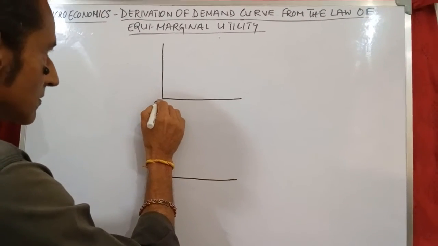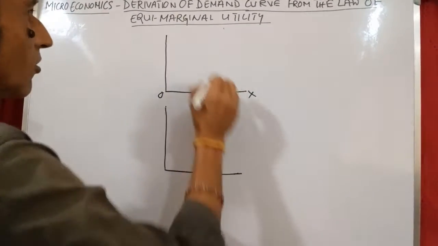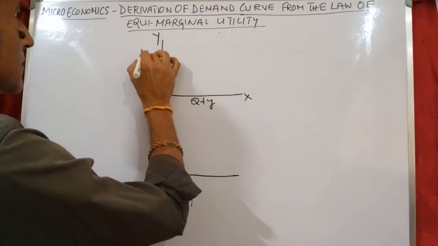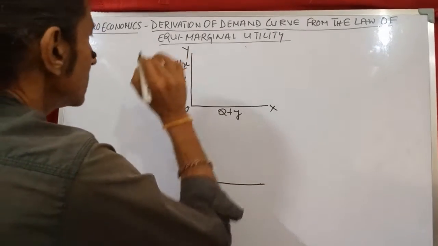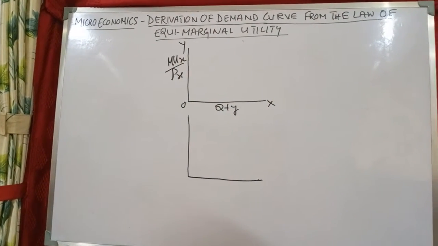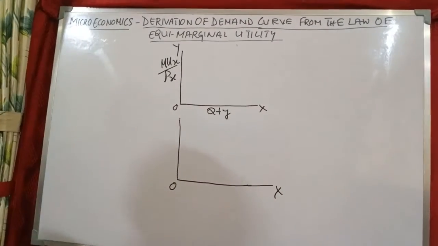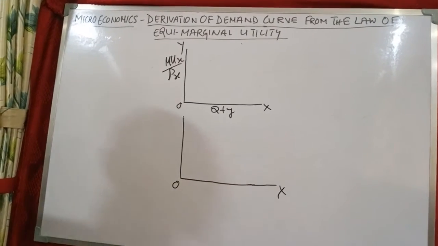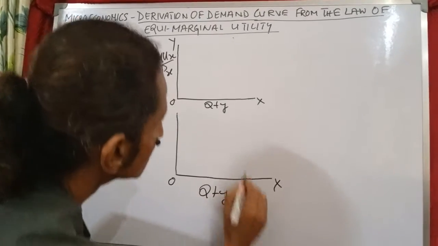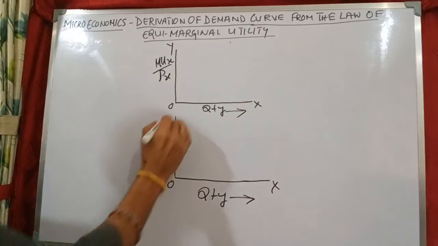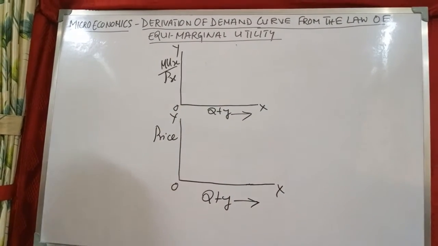On this top part we measure quantity on x-axis and marginal utility of x divided by price of x on the y-axis. And in the bottom part of the figure, on x-axis we measure quantity and on y-axis we measure price. Right?